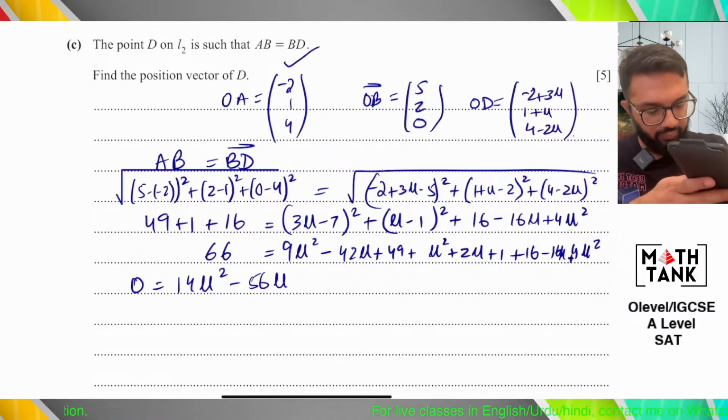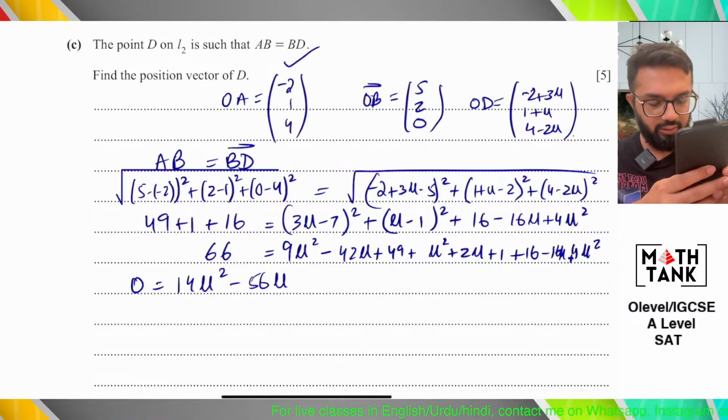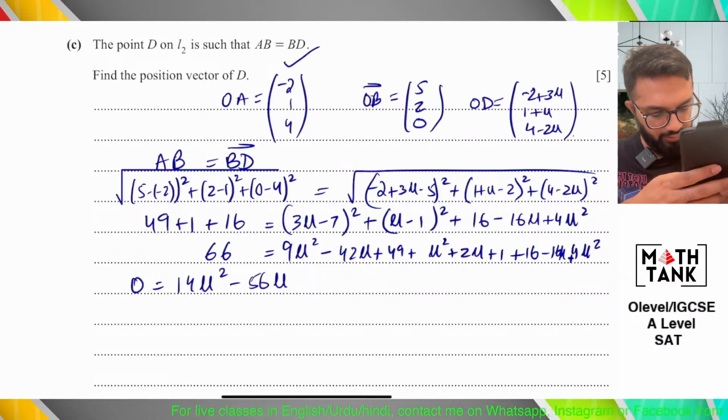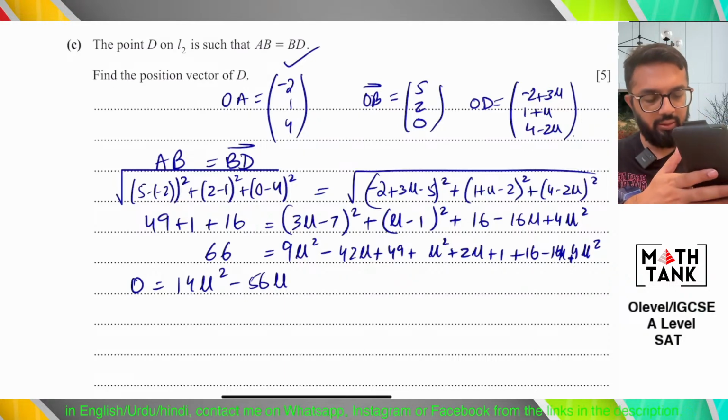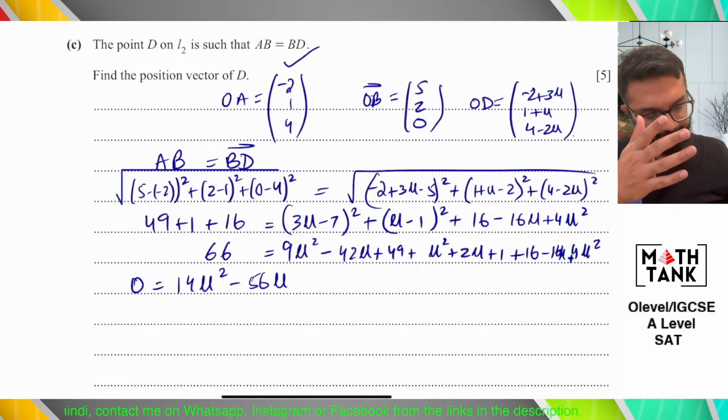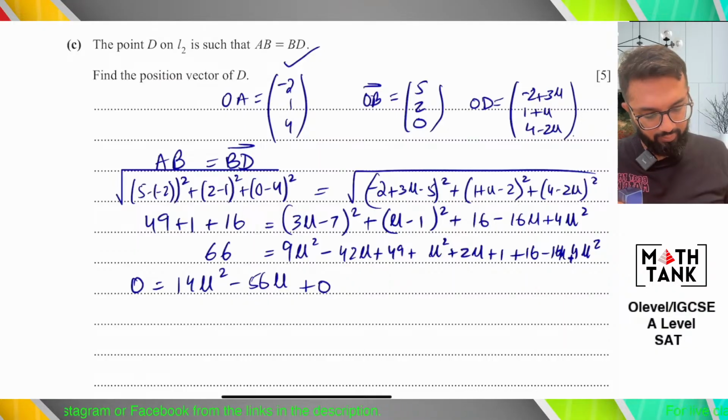And then 14, 49 plus 1 plus 16 on the right hand side as well, and the right is 0, surprisingly. So 14 mu minus 4.